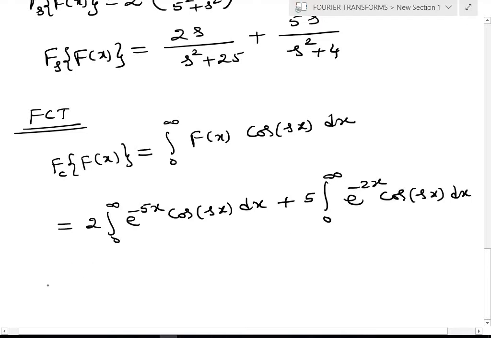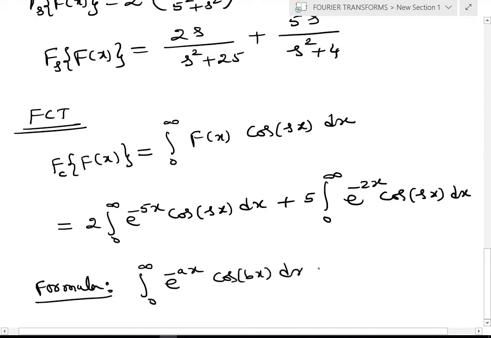Then again there is a standard integration formula to solve this. The integral from 0 to infinity of e power minus ax cos of bx with respect to x is equal to a divided by a square plus b square.